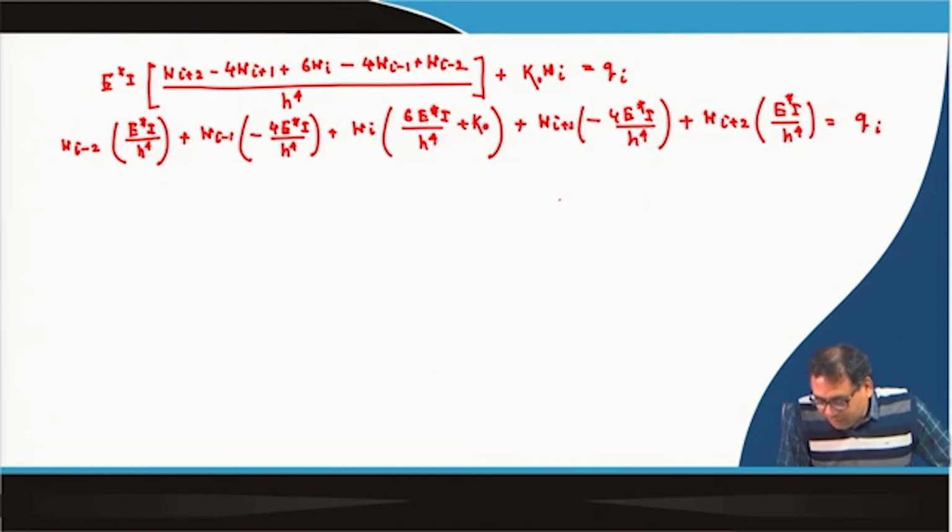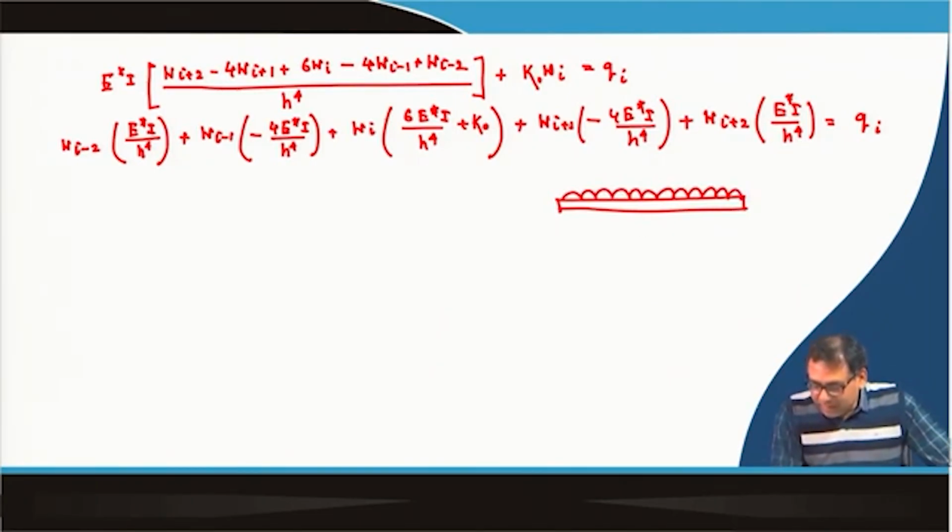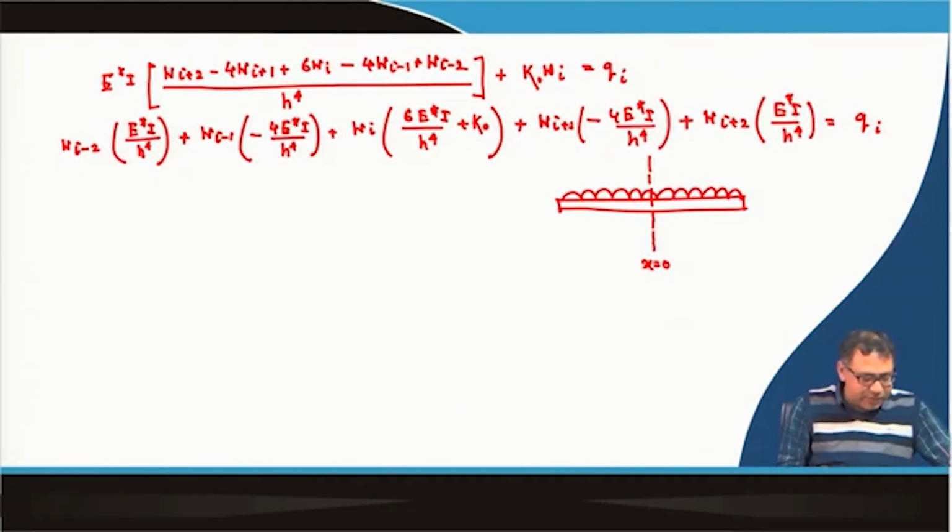Okay. So, now suppose this is my beam, which is a finite beam, subjected to UDL, and this is the center, and it is a symmetric problem. So, I can write this point is x equal to 0.